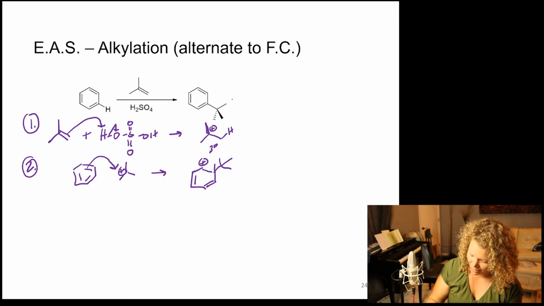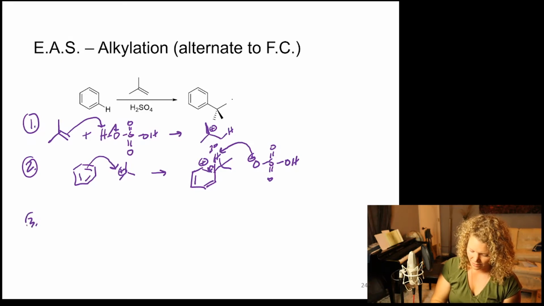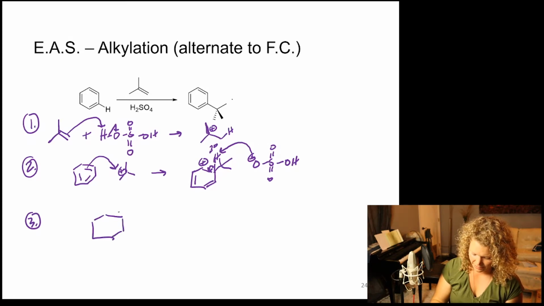We have our arenium cation. Now we're going to use the conjugate base of our strong acid here to deprotonate this proton and reform the aromatic ring for our third step. And now we have our product.